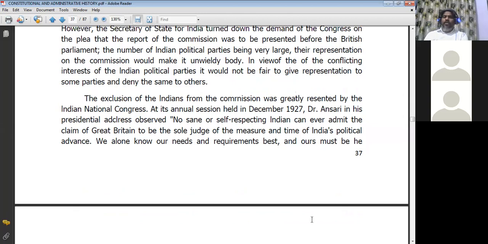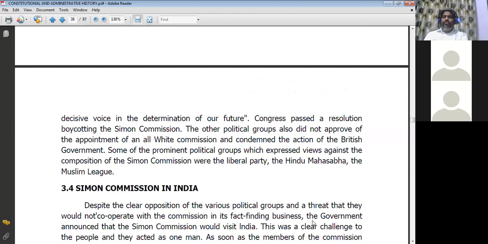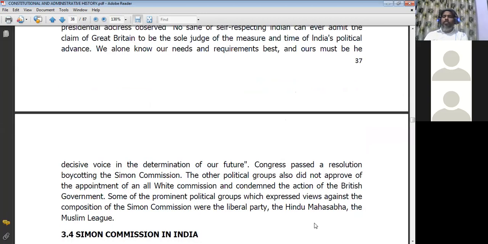Other political groups also did not approve of the appointment of an all-white commission and condemned the action of the British government.